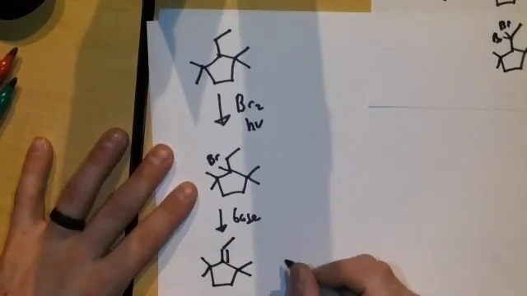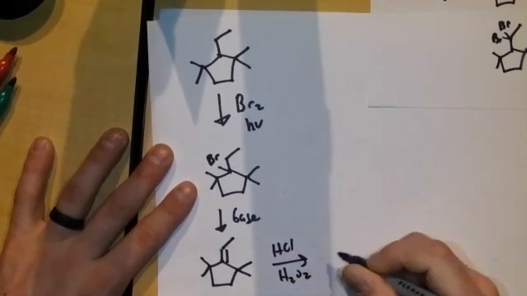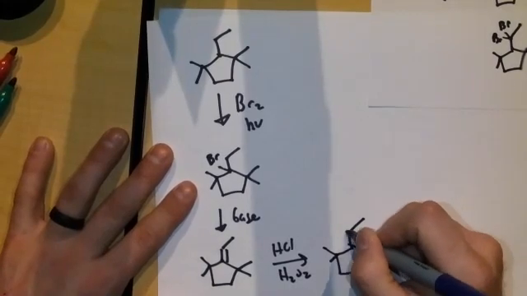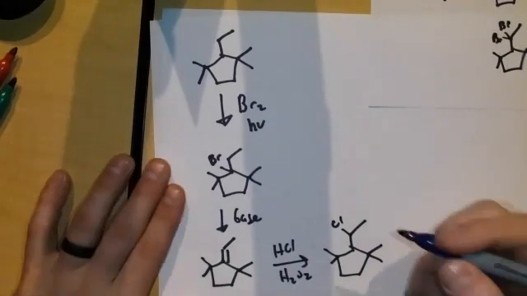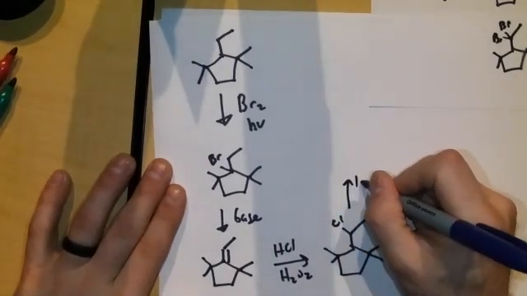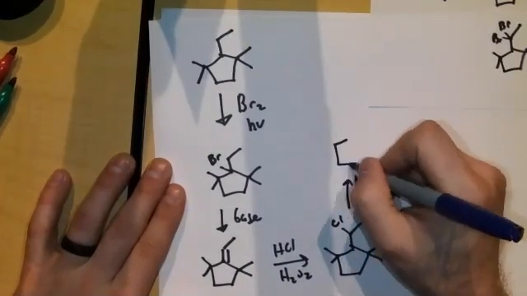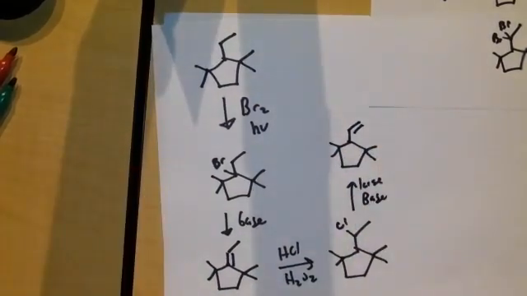So if you throw in HBr and peroxide, we can put the Br on our least substituted center, and then throwing in a large base, we can shift it to what we wanted. So from here, we've got what we need.